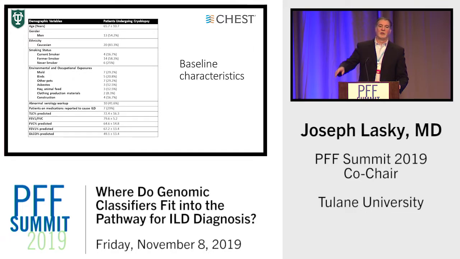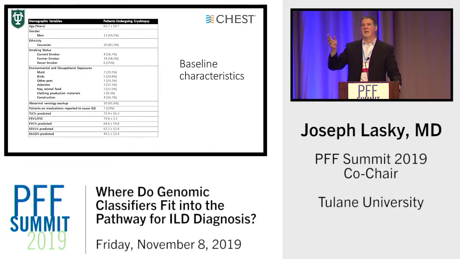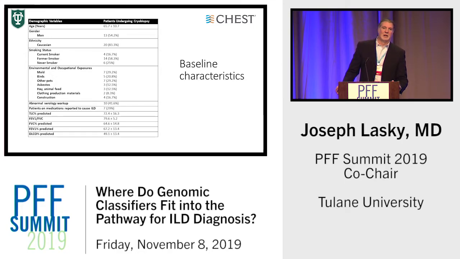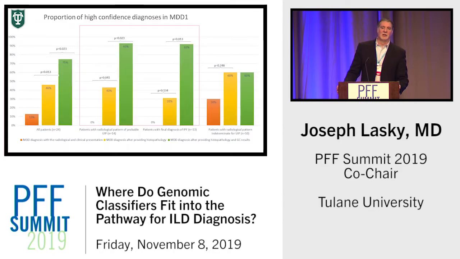So there's a lot of secondary things in the history that we were taking from the patients that would give me pause, so that even though the pattern might be what we would call probable, there were some things in the history that made you wonder a little bit and put some doubt in my mind and in the minds of the MDD.